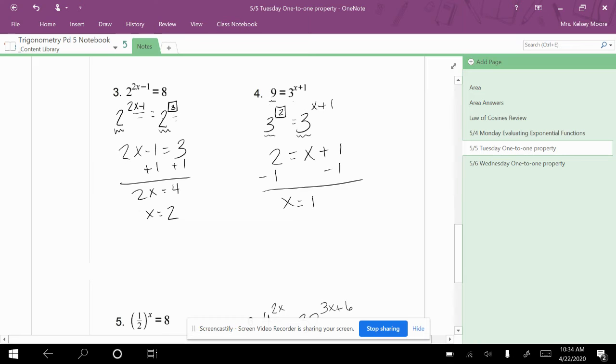Okay, so you were kind of asking yourself, how can the number be written with an exponent?